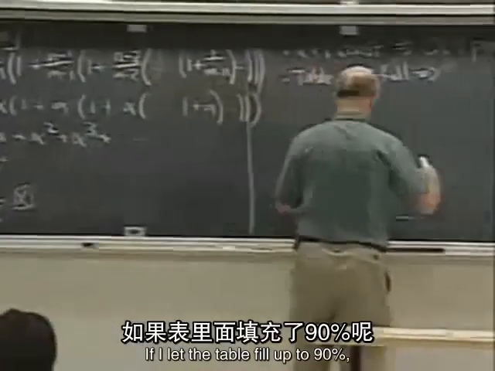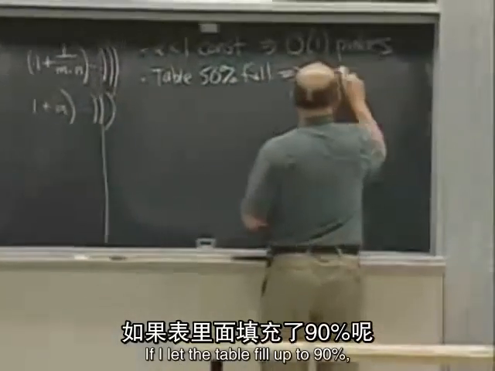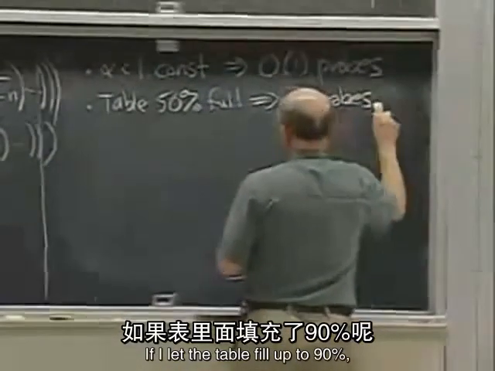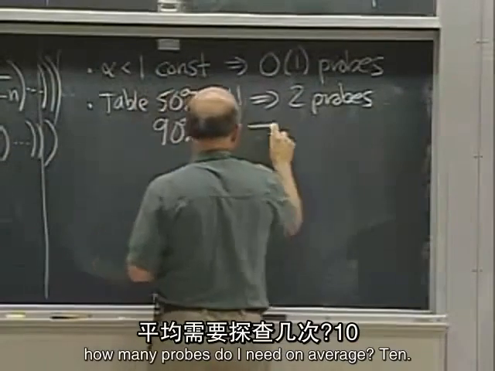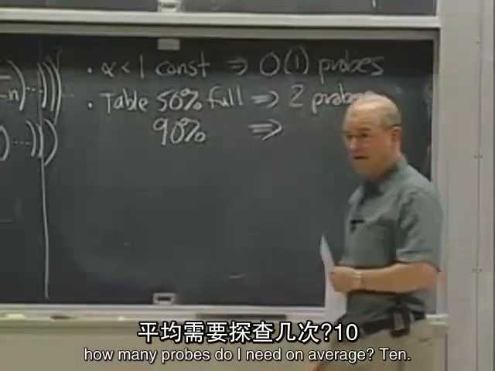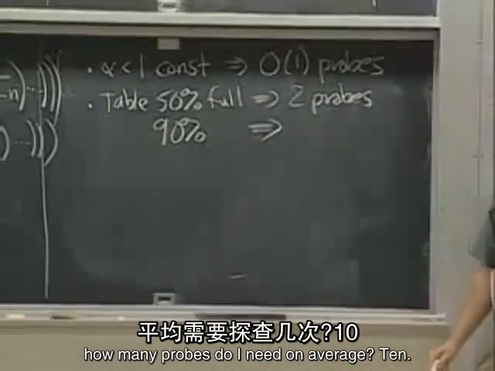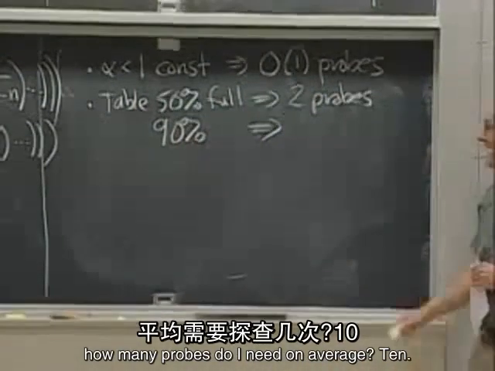Okay? If I let the table fill up to 90%, how many probes do I need on average? 10.